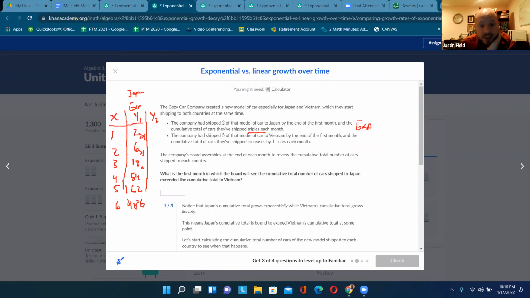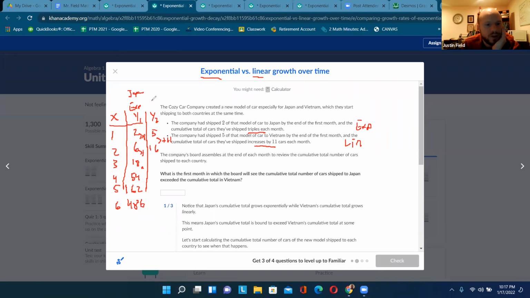Now this next situation is going to be linear because I know that we're comparing linear and exponential. The company had shipped 5 and the cumulative total of cars they shipped increases by 11. So 5, then it increases by 11. So what's adding 11? 5 plus 11 is 16.